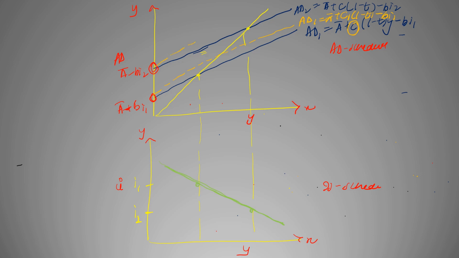Similarly, this AD curve will also move or rotate upwards. Now, if you see, there are new points, this and this, right? Now let's see how it is. Let's extend this line.